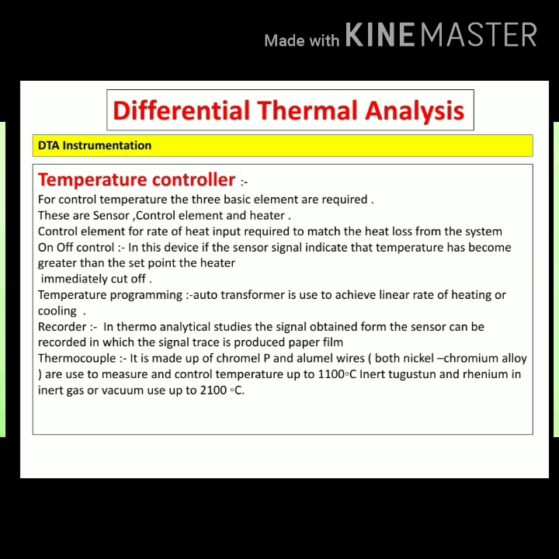In the on-off control system, when the sensor signal indicates that the temperature has become greater than the set point, the heat is immediately cut off. This system is not used because it has the problem of electrical interference. When we reach our maximum value, the heater is stopped.